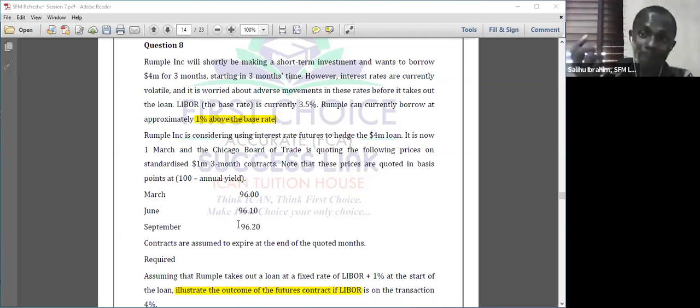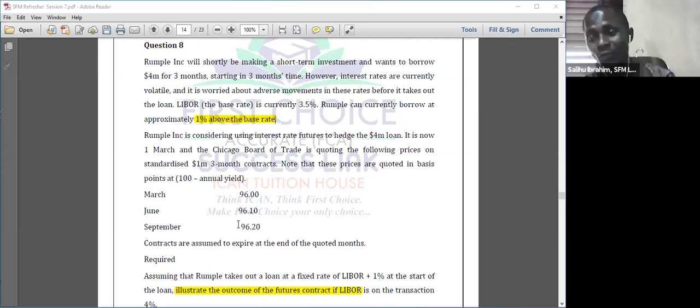The rule is that you buy or sell a contract that matures immediately after your transaction date. If your transaction date is, let me say, October, then the futures you are going to buy is going to be December futures, because December futures is the one that matures after October.